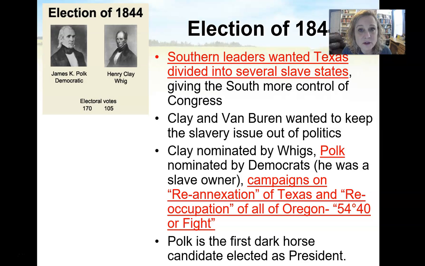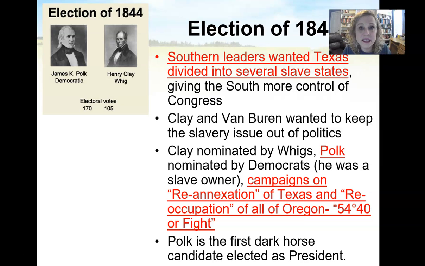Now, 1844 is a very important election in the United States. A lot of Southern leaders do want Texas to become another state. But you've got a man named James Polk, our first dark horse candidate, meaning he wasn't a war hero and people didn't really know much about him, but he campaigned satisfying both the North and the South. He satisfies the South by saying he's going to annex Texas.